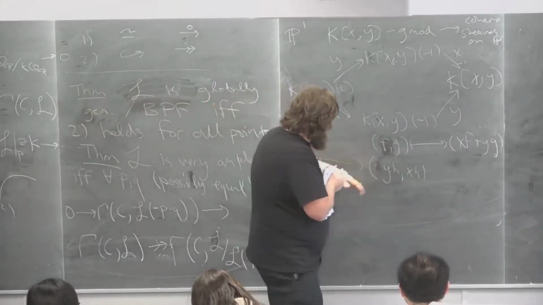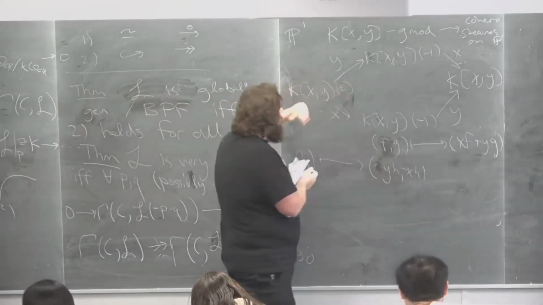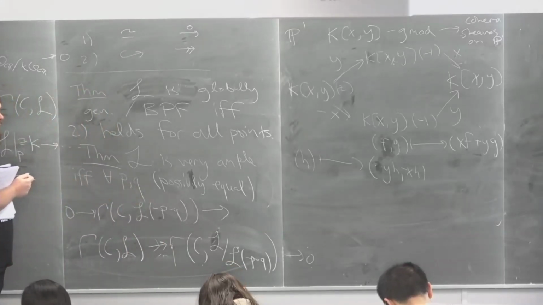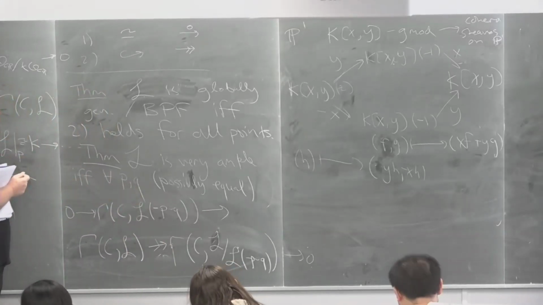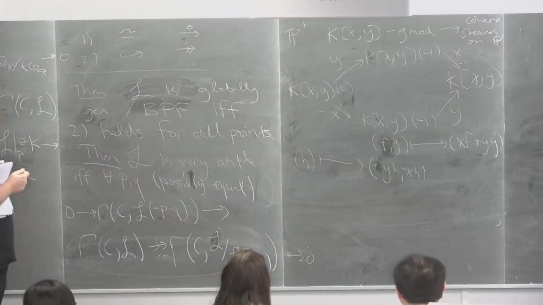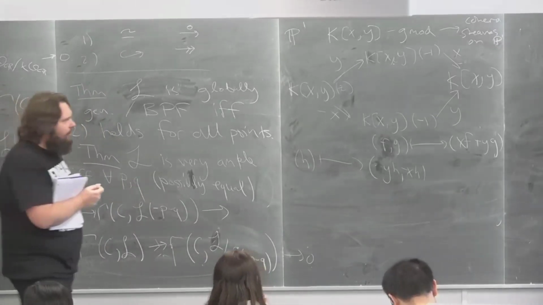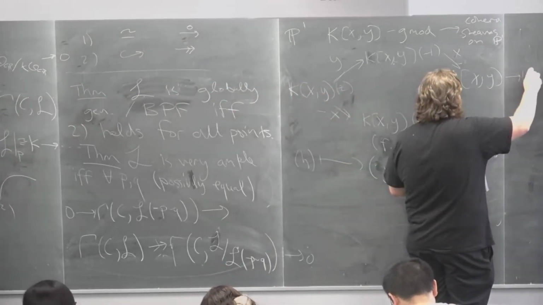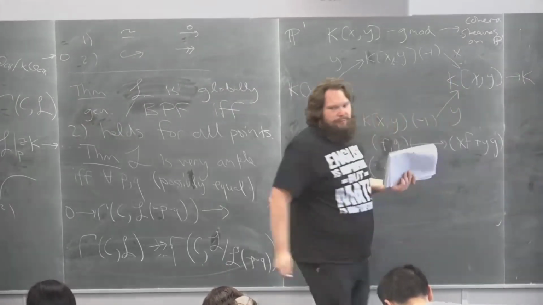Oops, I should have stuck with the signs here. Okay, great. So this is a sequence of modules. It's a complex, but it's not exact on the right. Right? I have a non-trivial kernel, which is the field k itself.